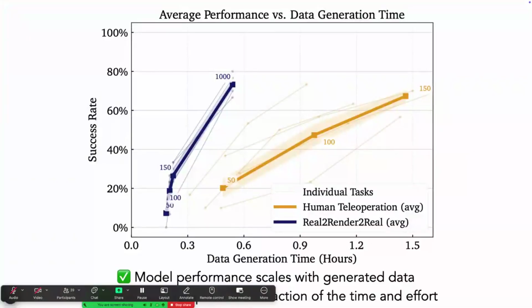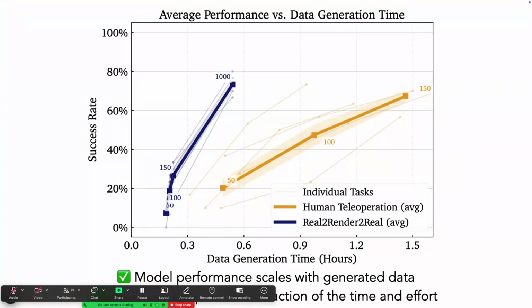This is showing you that if we did human teleoperation to train these tasks, it would take much, much longer. So to generate the data for, let's say, 150 demonstrations might take an hour and a half. That's the yellow line, to get up to about a 65, 70% success rate.